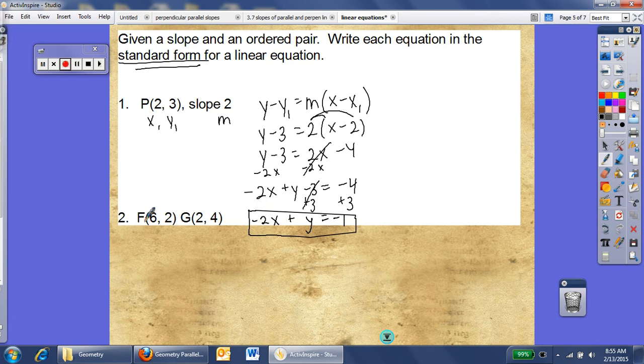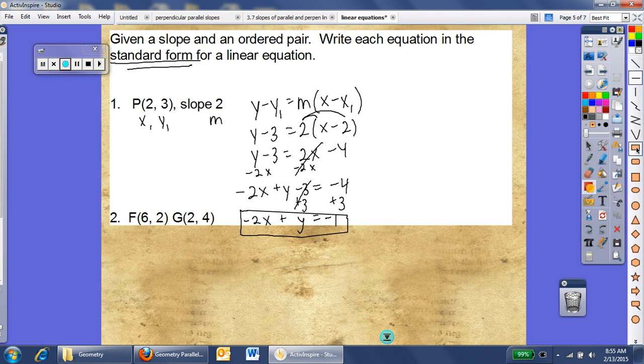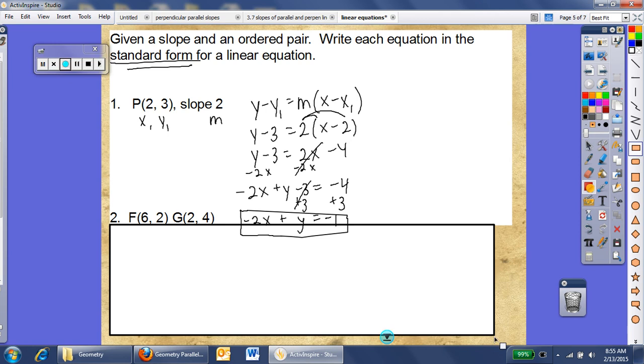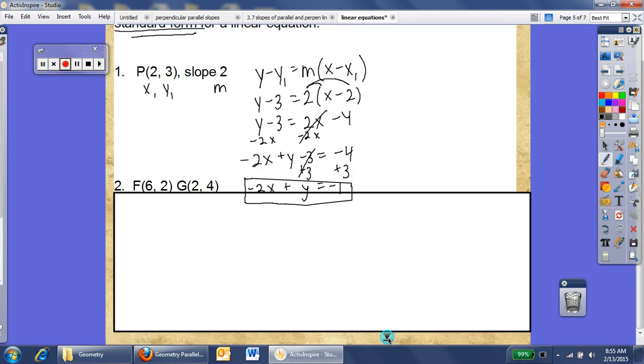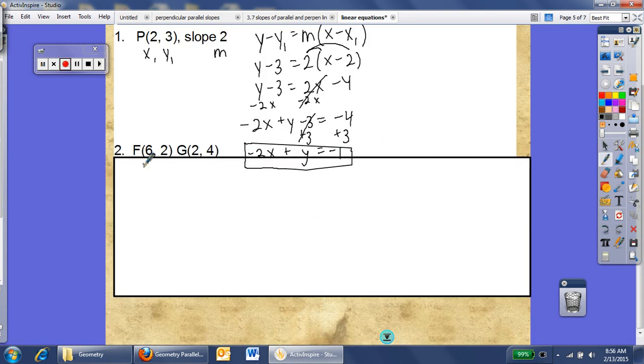Next, let's do the same thing. This time we're given 2 points, and we need to write it in standard form. So notice we don't know what the slope is yet. We're going to have to do a little work to find the slope first, and then put it into one of our formulas. Let me clear some space here so that we can see. So let's go ahead and label these points, x1, y1, and x2, y2.